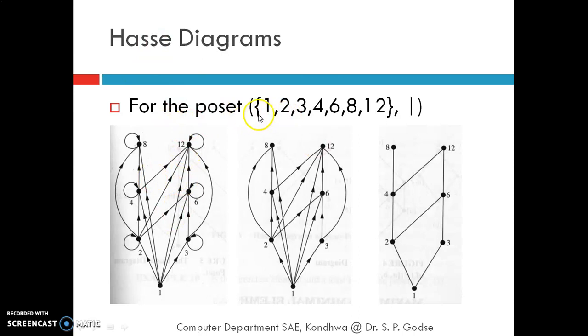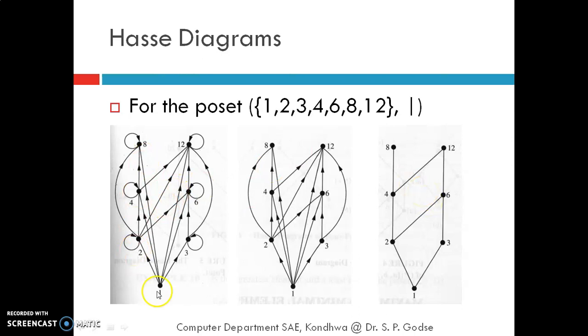This is on the poset, that is, the partial order relation on the set 1, 2, 3, 4, 6, 8, 12. This is the set on which the divides relation is established, and it is a partial order relation. With respect to this divides relation, this is the Hasse diagram for the given partial order relation, and it is converted step by step into the simple graph by applying the Hasse diagram steps.